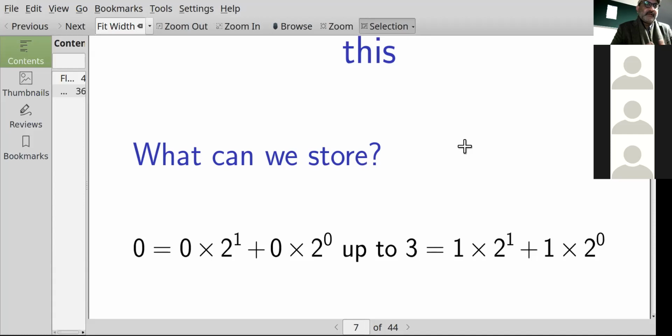So I can write 0 as 0 times 2 to the 1 plus 0 times 2 to the 0. So I can store 0. I can store 1. I can store 2. What about 3? I can think of 3 as 1 times 2 to the 1 plus 1 times 2 to the 0. So if I store 1 and 1, then I can store 3. And I can store the integers in between. Okay. So, very simple example about how you would store an integer.